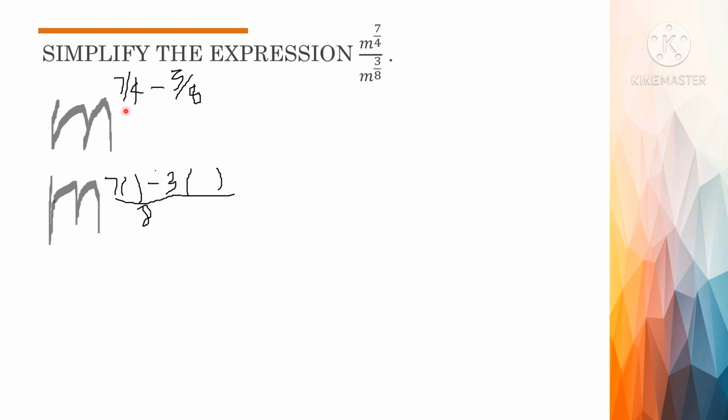So, 8 divided by 4, that is equal to 2, yun po yung ilalagay niya dito. So, lagay tayo ng 2. Then, 8 divided by 8, that is equal to 1, yun naman ang ilalagay niya dito. 1. Then, simplify the exponents. So, 7 times 2, that is equal to 14.